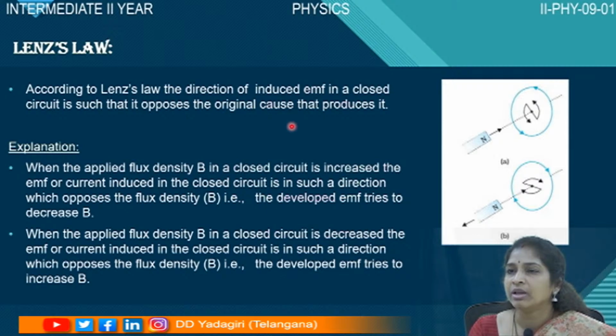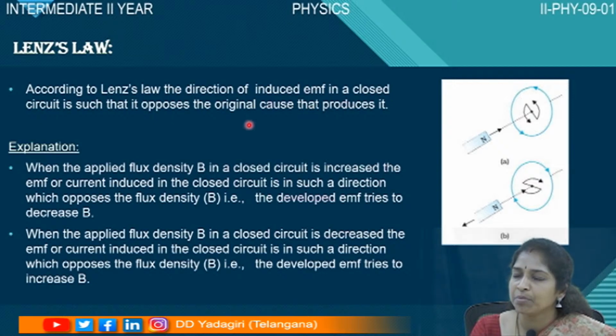For example, there is an increase in the flux. When there is an increase in the flux, according to Faraday's law, what will happen? EMF is induced. Now this developed induced EMF, what does it do? It tries to decrease the flux. As the flux is increasing, the EMF develops, but after developing, it tries to decrease the flux.